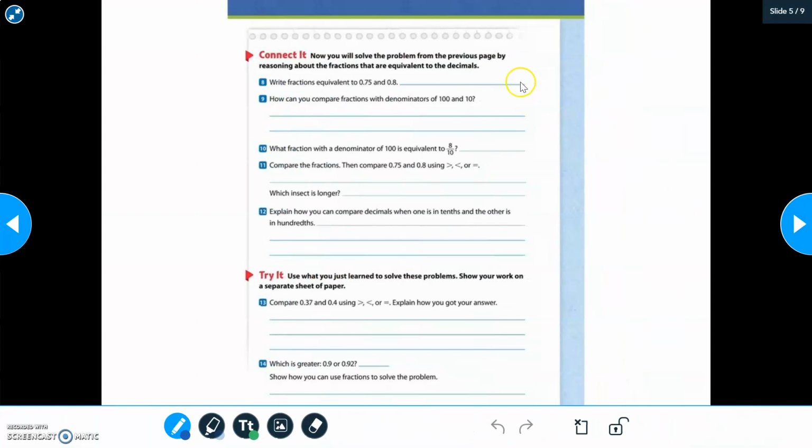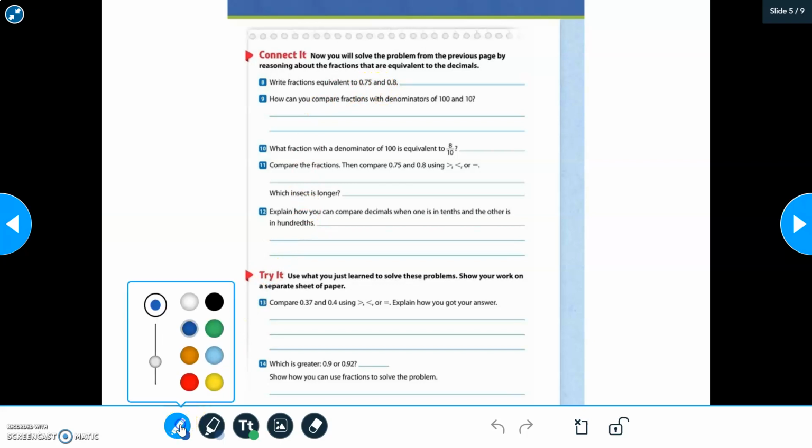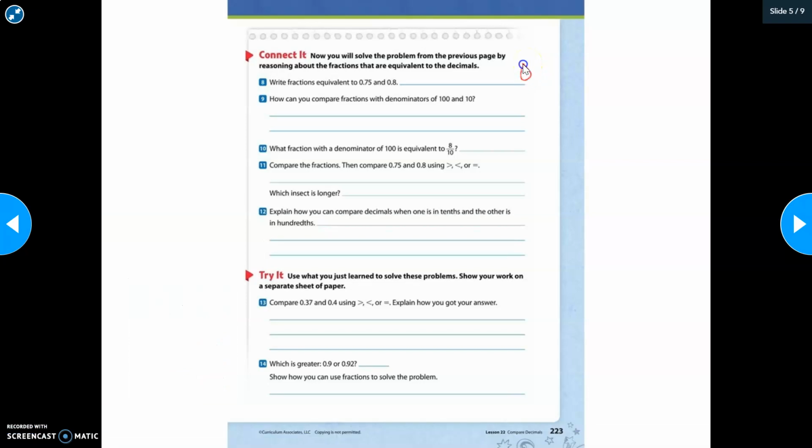All right, let's answer some questions about it. It says, write fractions equivalent to 7/500 and 8/10. So let's see, we want to write some fractions that are equivalent.